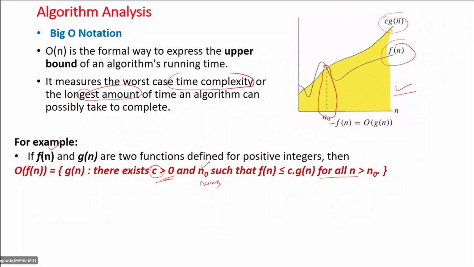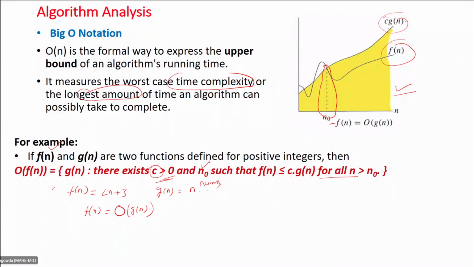Let us consider an example here. I have a function f of n equal to 2n plus 3, and another function g of n equal to n. We want to find whether f of n is big O of g of n or not.